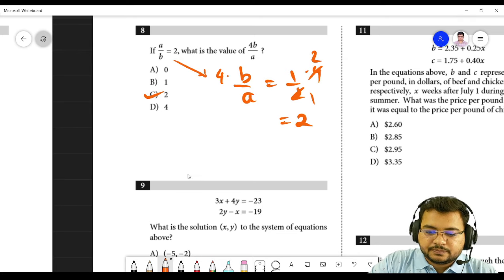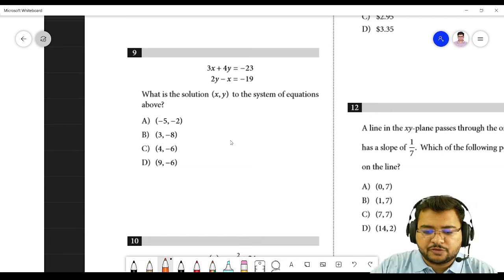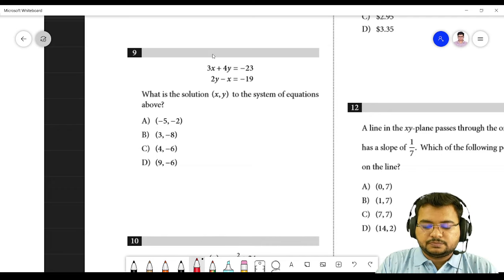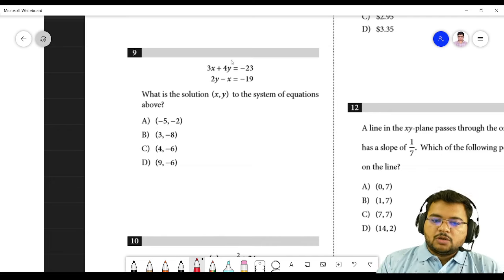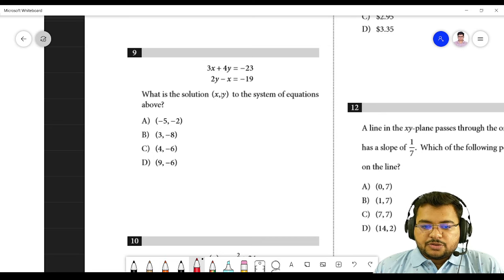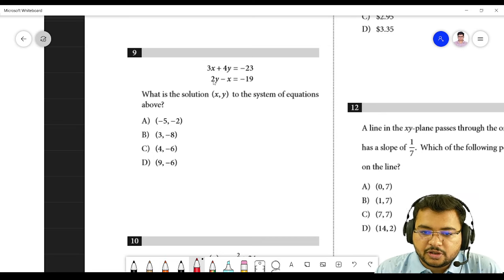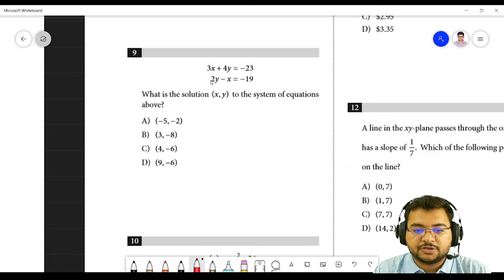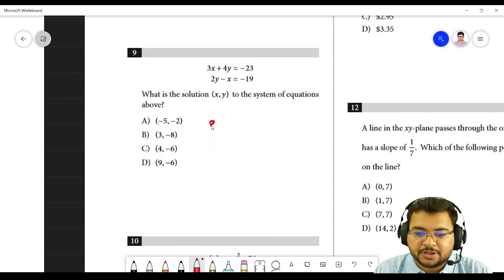Question 9. Okay, you have to provide the solution for x and y both. Okay, it's an easy question. What we'll do here is we'll try to eliminate one of the variables. So either we can eliminate x or y. I'll multiply by 3. So first of all, I will write the same equation as it is.